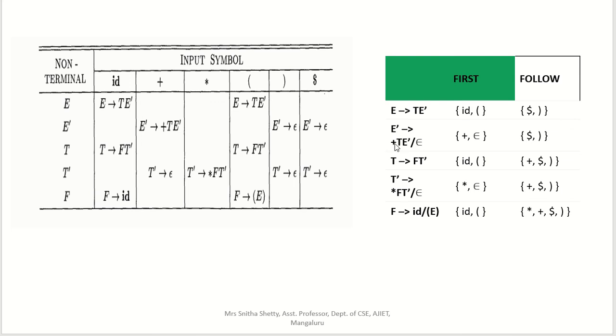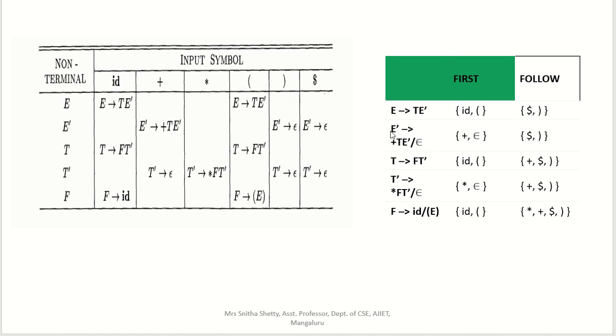If it was a variable, we would take the first of that variable, but here it is a terminal. So under plus you place that production. Another production is E dash gives epsilon. Since it is epsilon, we take the follow of the left hand side variable, follow of E dash. So what is follow of E dash? Go to follow. Follow of E dash is dollar and closing parenthesis. Are you getting?